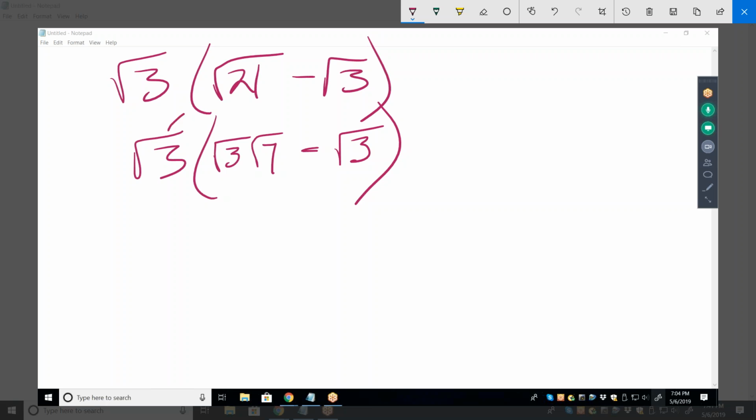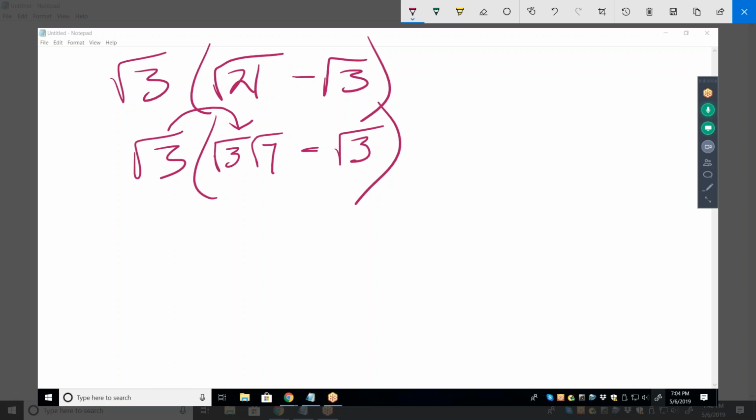You multiply this by this. That'd be root 3 times root 3. What's root 3 times root 3? Just say root x times root x is x.